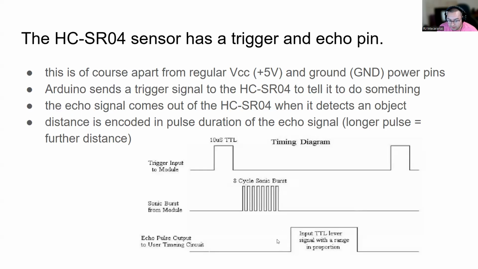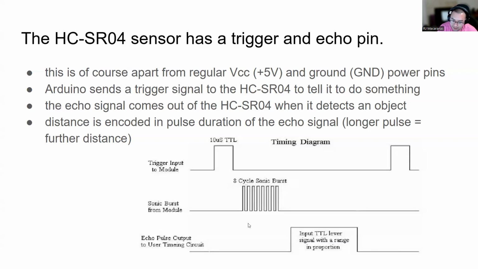And then there will be this echo pulse output, which will be high basically until the received wave is seen by the receiver, right? So once we see the wave coming back onto the receiver, then we toggle that high output, this echo output, low.